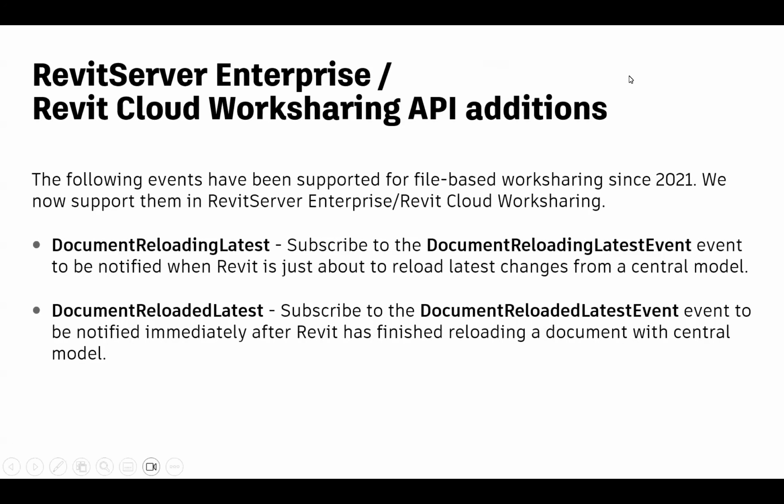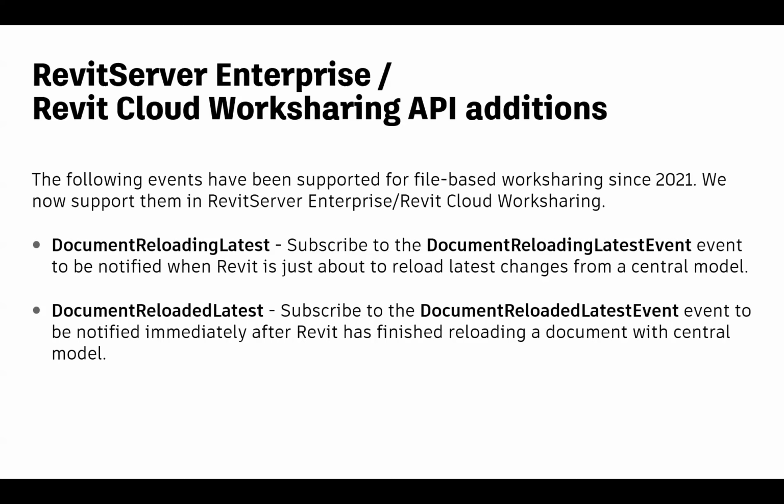There are also additions to Revit Server Enterprise and Revit Cloud Worksharing API. The following events have been supported for file-based worksharing since 2021. We now support them in Revit Server Enterprise and Revit Cloud Worksharing.